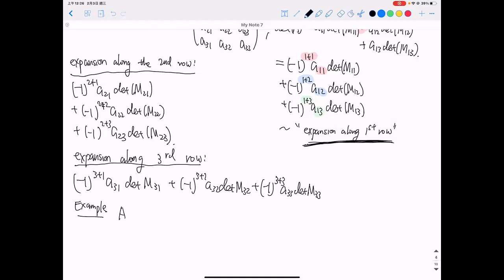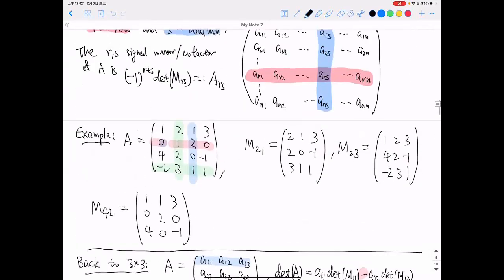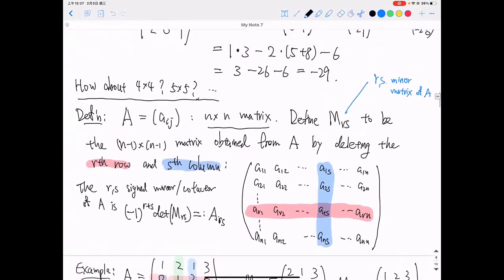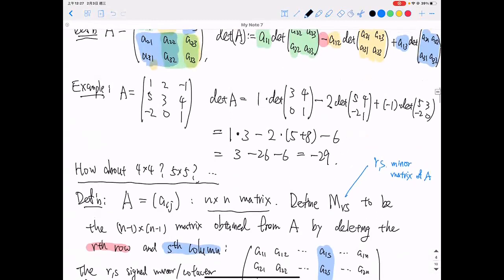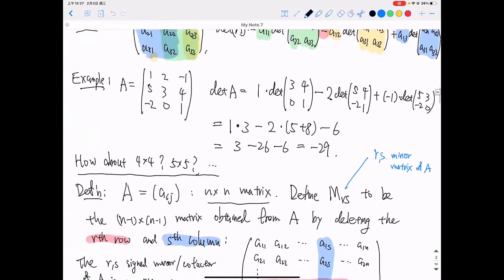Yeah, this one, the one that we worked on already. 1, 5, minus 2, 2, 3, 0, minus 1, 4, 0, 1. Okay, so we've worked on this already. We've computed the determinant according to the definition, and that comes out to be minus 29.